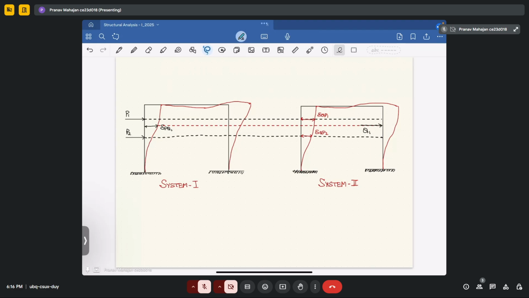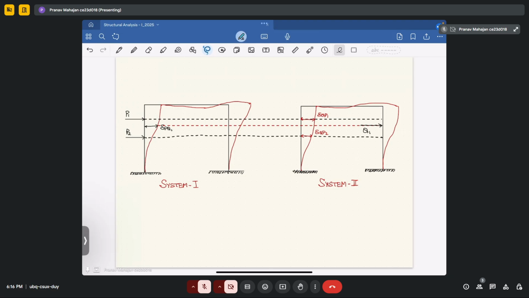Now take another system, system 2, where instead of P1 and P2, you provide Q1 at the center of P1 and P2, and then you also get one deflected profile.